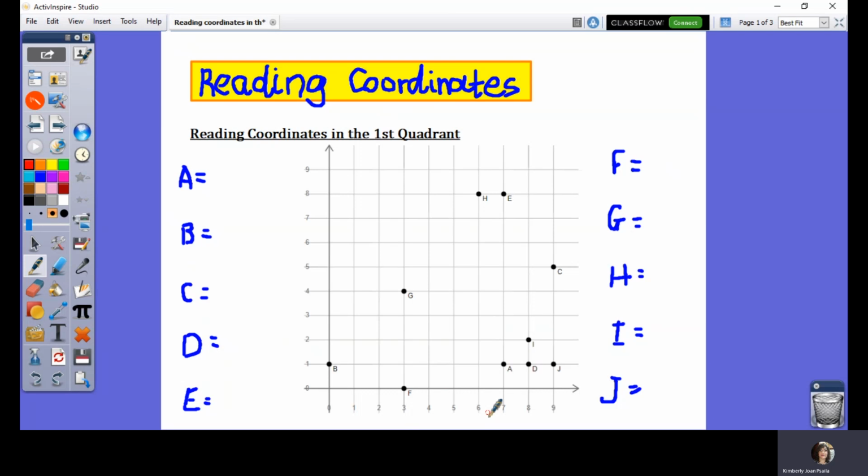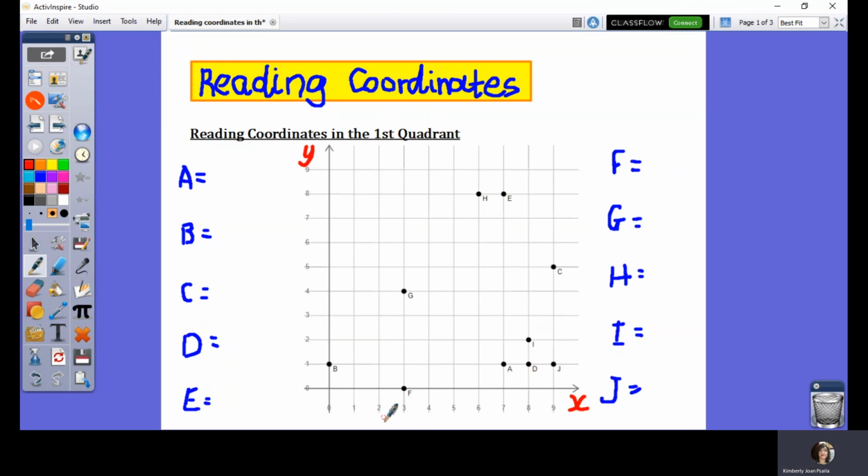Now, how can you read? First of all, here you have the first quadrant, as I have said before. This horizontal number line is called the x-axis, and this vertical number line is called the y-axis.